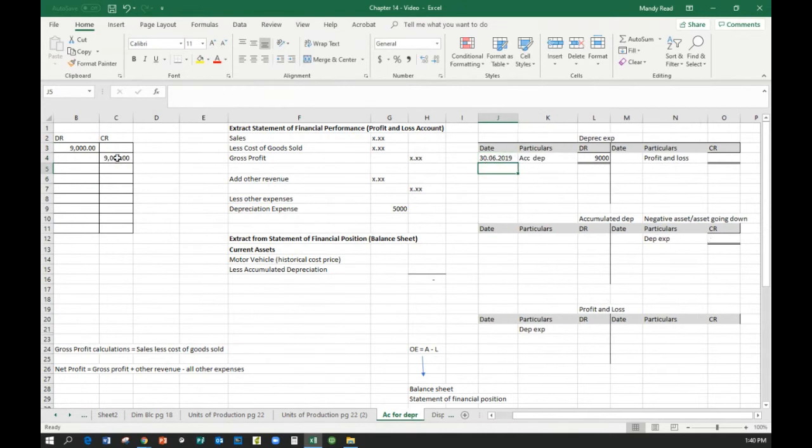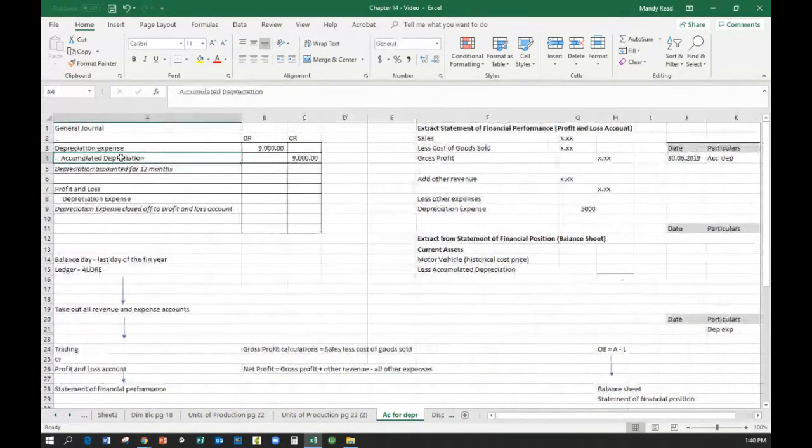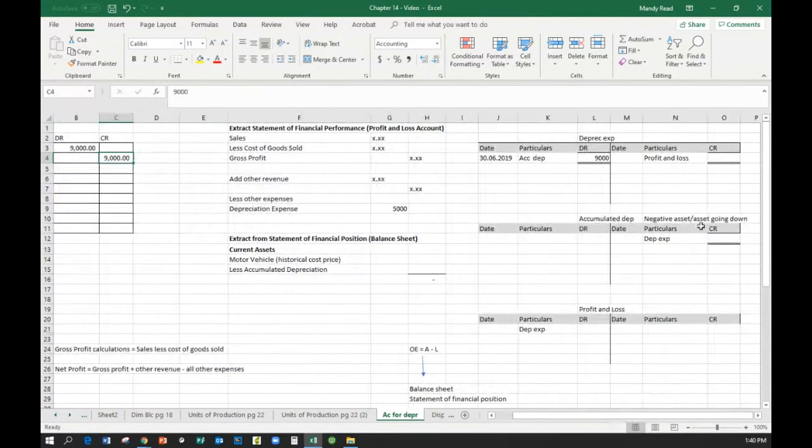I then have to go to my accumulated depreciation account because that's what my journal is telling me, and I'm going to put $9,000 on the credit side. The name of the account on the other side of the equation is depreciation expense because that is where the money is coming from. And of course, I'm just going to copy my date down. So there we have it entered in the accumulated depreciation and depreciation expense accounts.